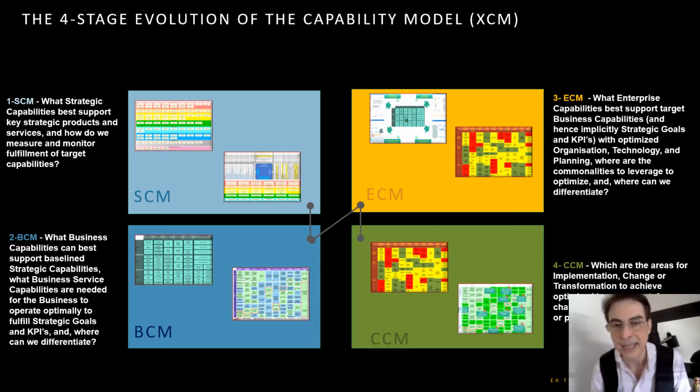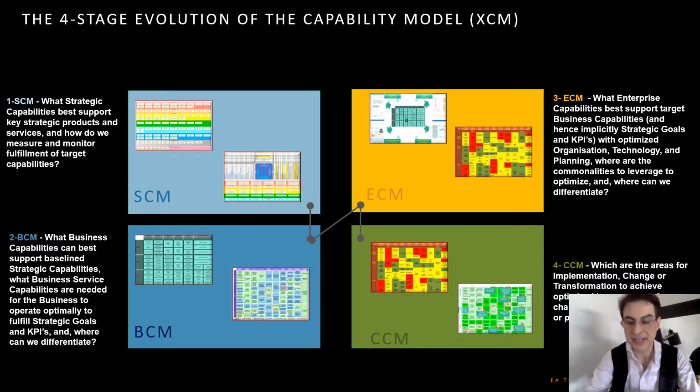I'll explain that in a moment. But this is the first version of the XCM, which is a strategic capability model where we basically try to define what we want to do and be for the outside world, what our key services and capabilities are, and then make sure that we have a way to measure that value for them. And that is the X capability model.